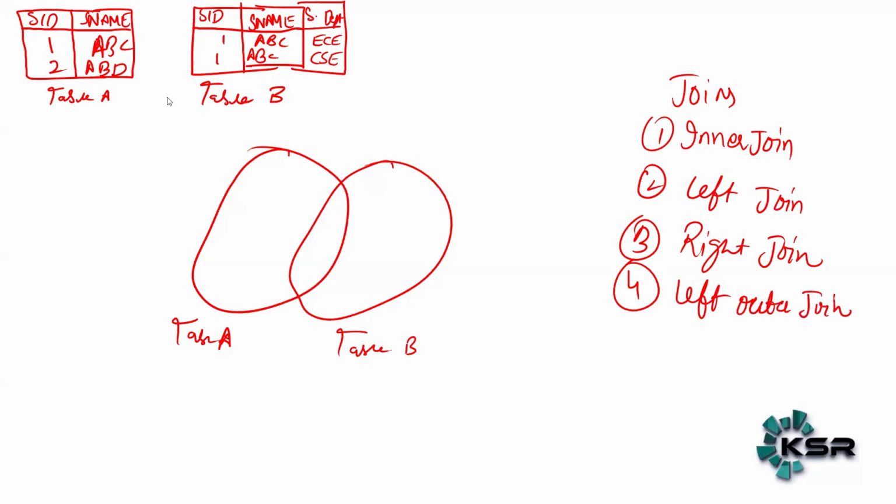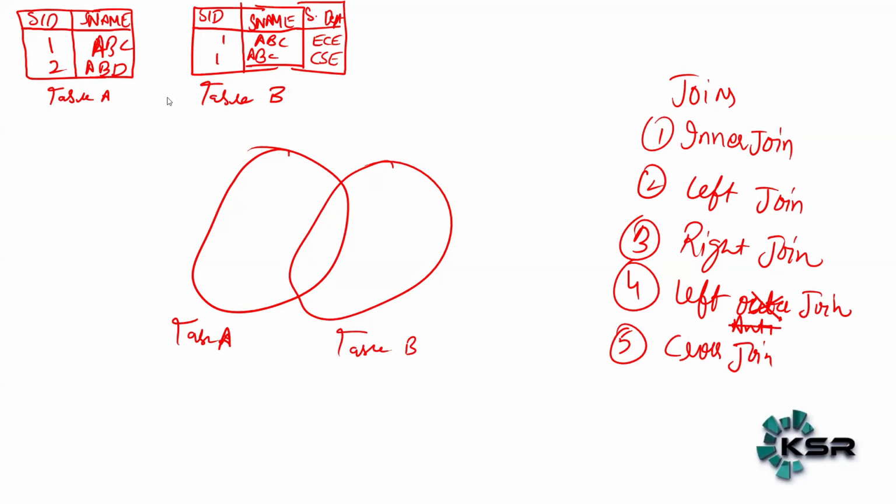Left outer and right outer are the same as left and right. Then there is the cross join, which is nothing but the Cartesian product.